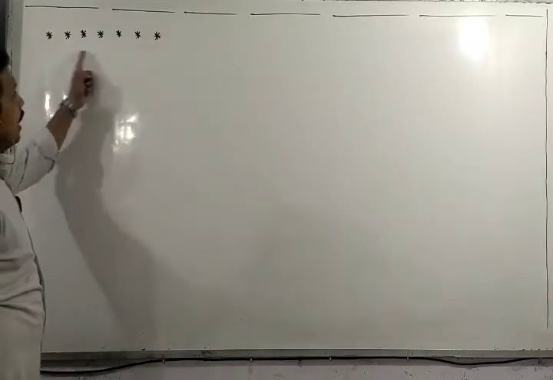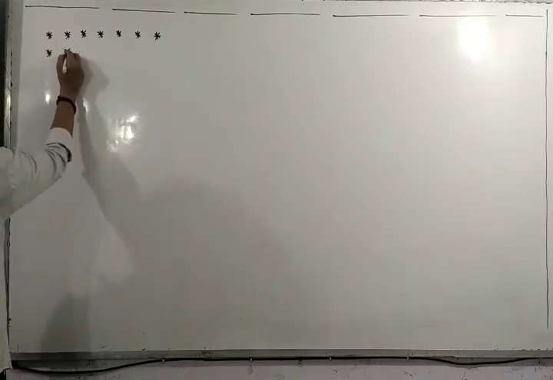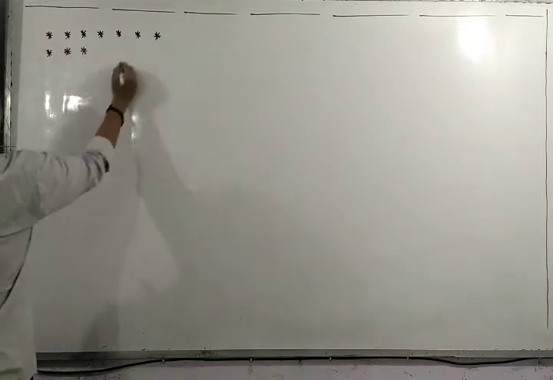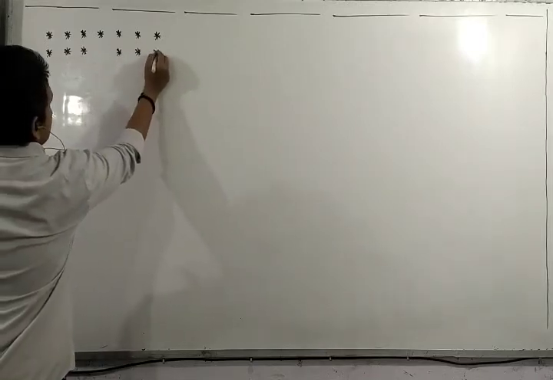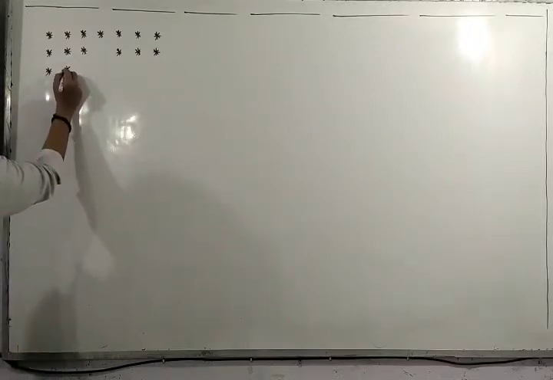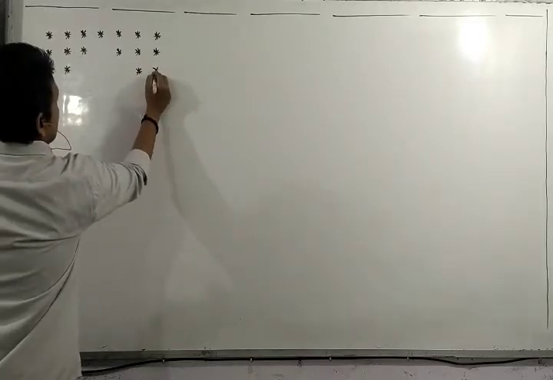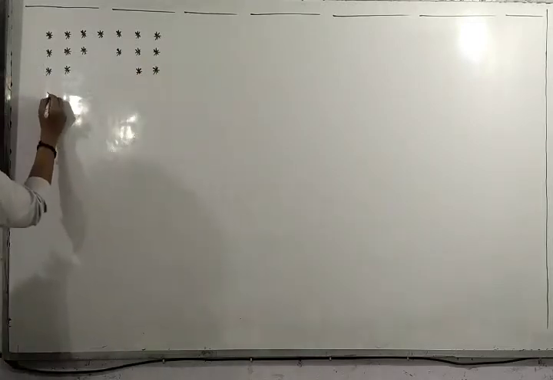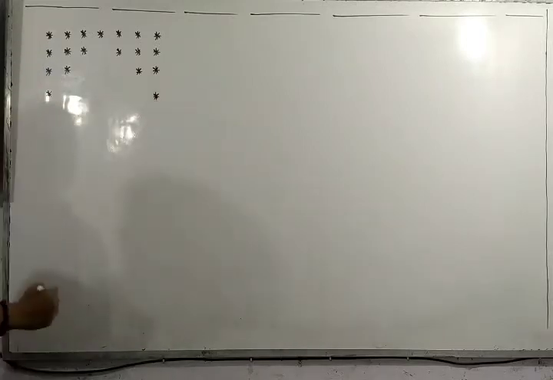Then in the second line, 3 stars at the left side and 3 stars at the right side. And then in the third line, 2 stars at the left side and 2 stars at the right side. Then 1 star at the left side and 1 star at the right side.